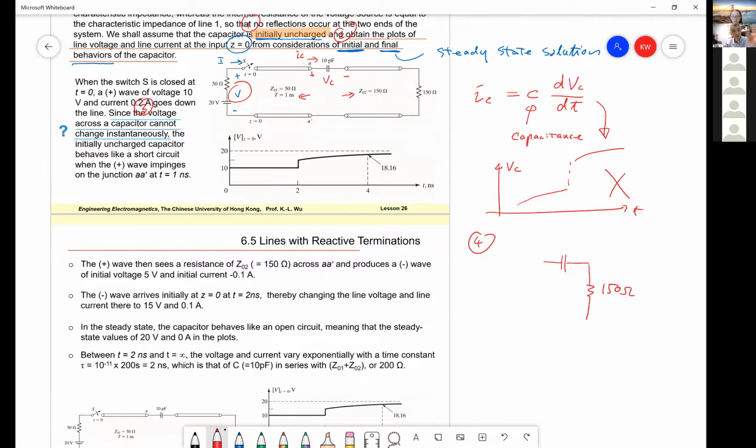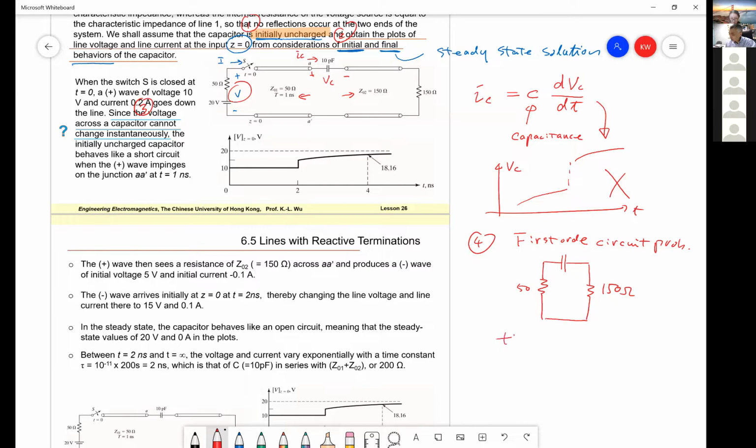This is the instant voltage or current through the capacitance, right? And this is 50 ohm. So this is a first order circuit problem.